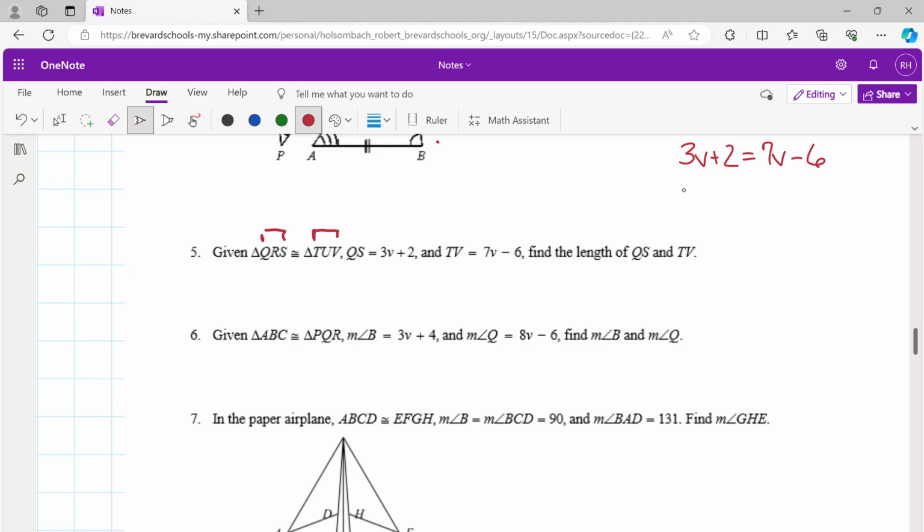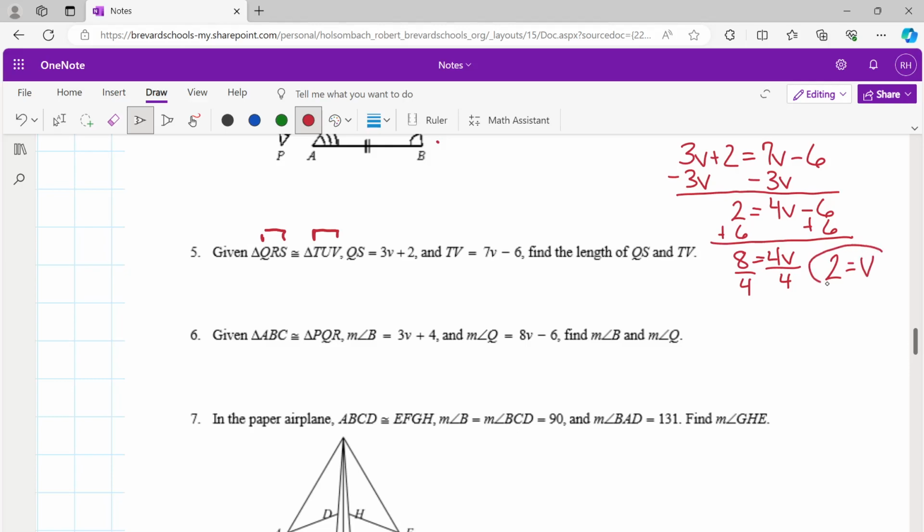The two sides are congruent, so let's solve for V. Two is equal to 4V minus 6, and we can add 6. 8 is equal to 4V, and then divide by 4. So 2 is equal to V. And we need to find the length of QS and TV.